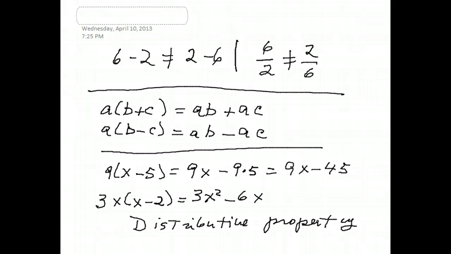Now, let's look at the distributive property, but this time we're going to do it in reverse. So let's say I have 2x plus 4, and I want to write it as something outside the parentheses times two things inside the parentheses.